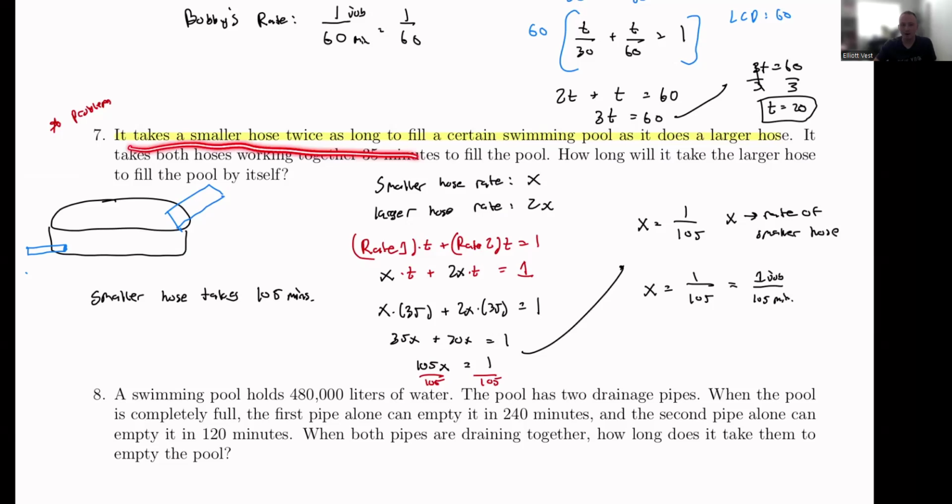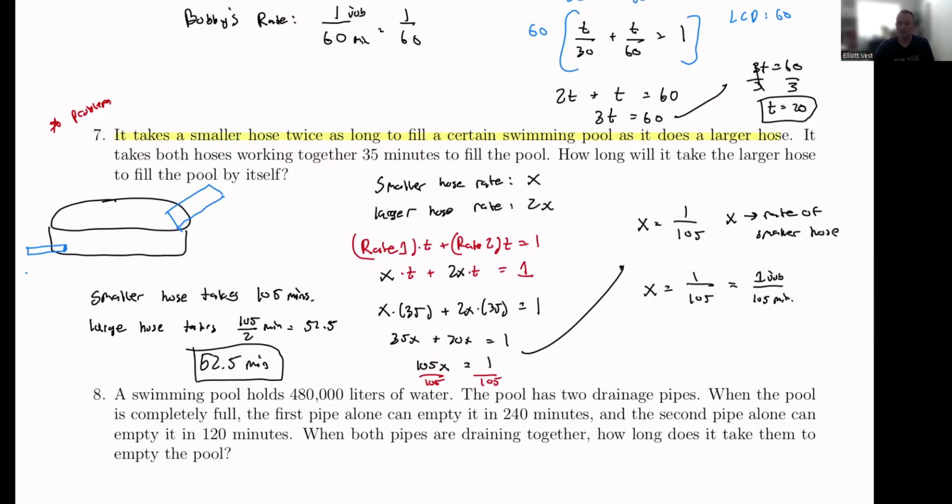The smaller hose takes twice as long. So that means the larger hose will take half that amount of time. The larger hose takes 105 over 2 minutes, which is 52.5. 52.5 minutes is the answer we were actually looking for.